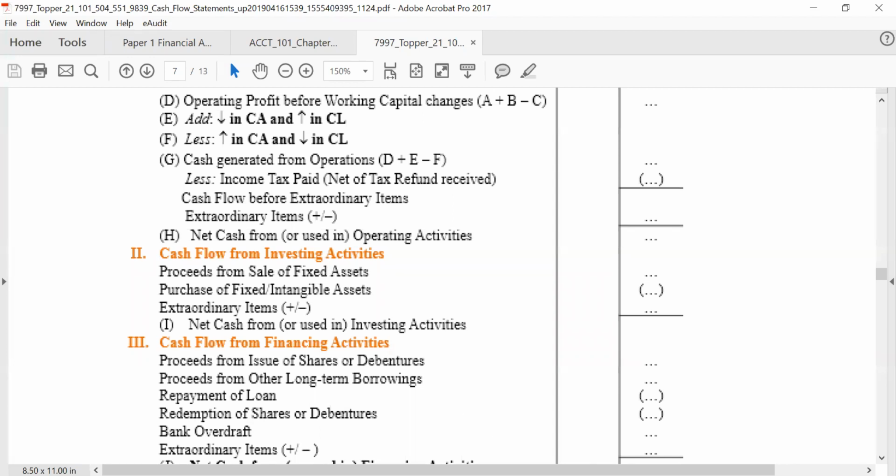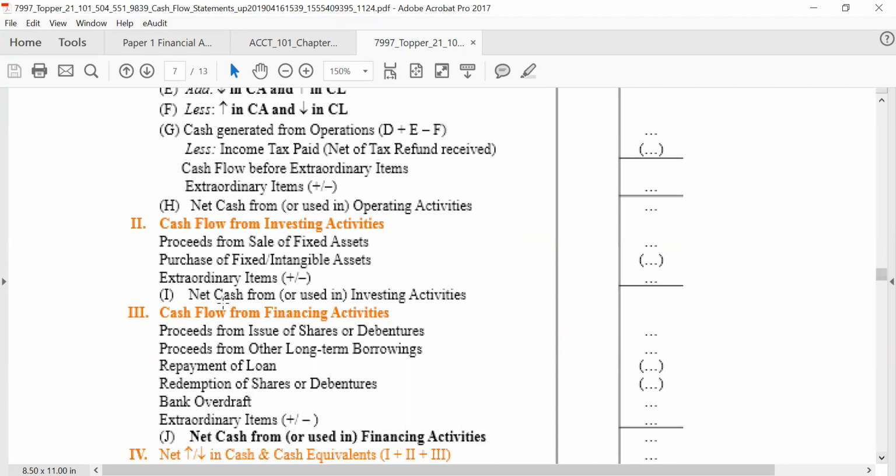And then we have the cash flow from financing activities. Now, like I said, financing activities look at the loans and the shares mainly. So here we're trying to look at the proceeds from issue of shares, proceeds from other long-term borrowings. In case we paid the loan, this will be an outflow.